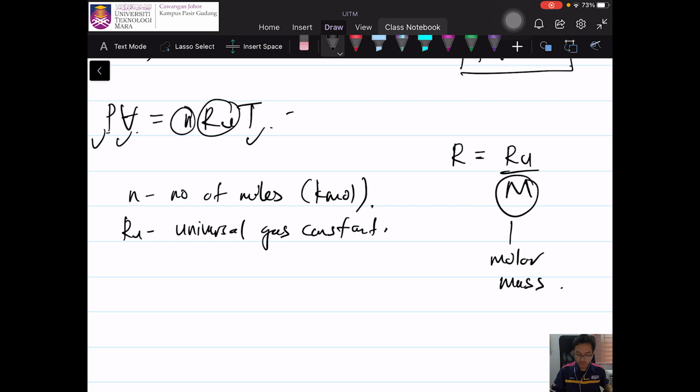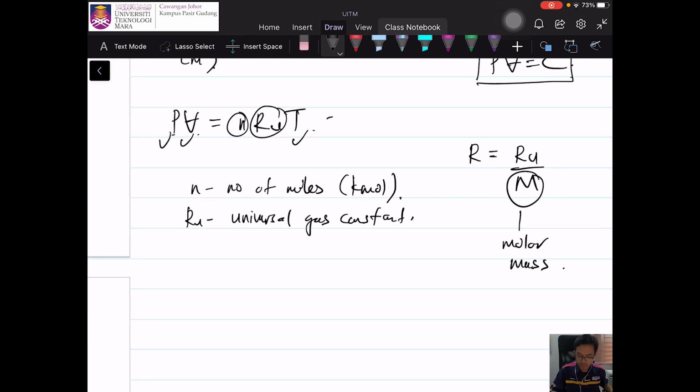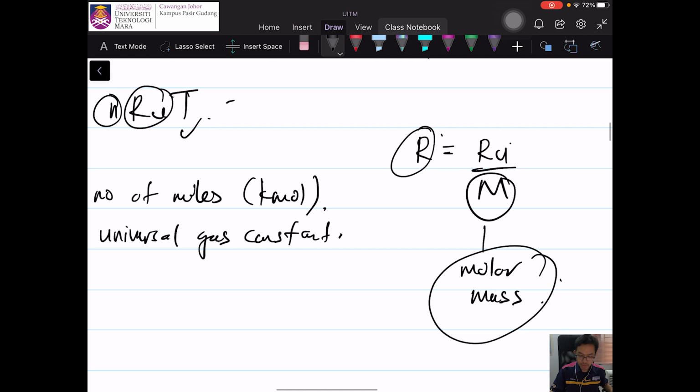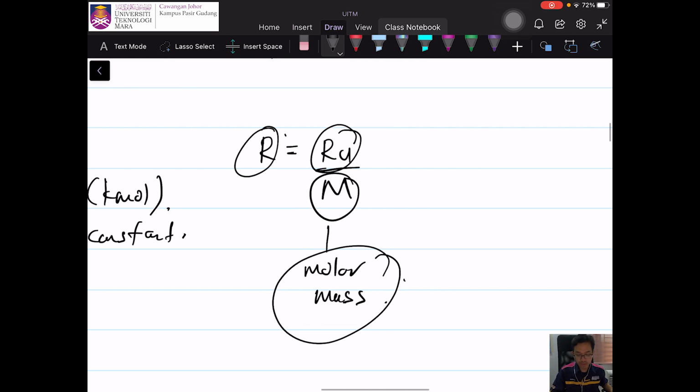You can find the value of molar mass in the appendix, which gives the value of molar mass for different types of gas, the same as R. But your Ru should be constant. Ru is equal to 8.314 kilojoule per kilomole dot Kelvin.